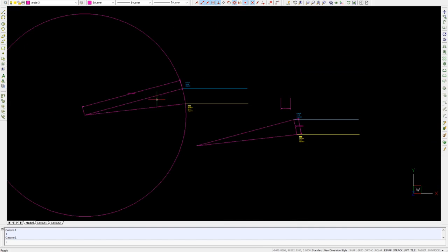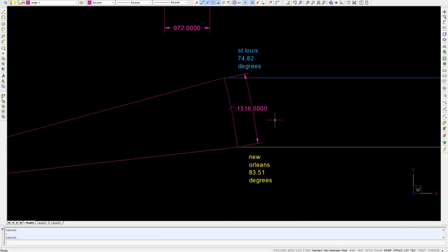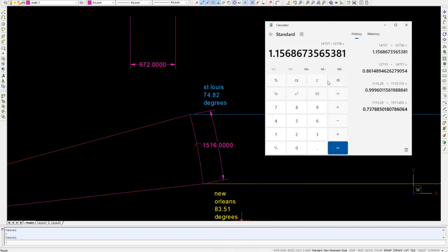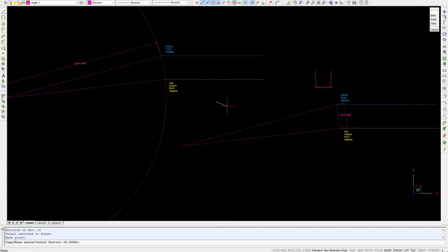This circle is in no way representative of what the actual diameter is. What I've got here is the curved dimension between these two cities at this particular radius height, which is basically 1,516. My target width here is 972 kilometers. Divide that by 1,516, so I've got to reduce it by 0.64116.